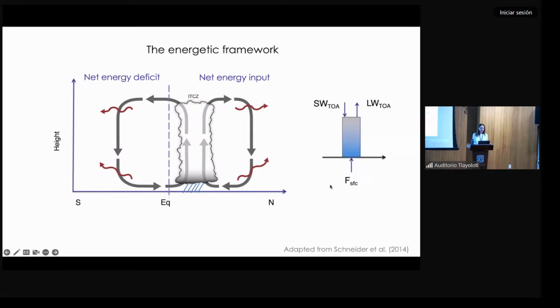And so any remote perturbation that happens even away from the tropics causes changes in transport of energy by large-scale eddies, because we haven't talked much about the extratropics here. In the tropics, it is the overturning circulation that does most of the transport of momentum, of moisture, of energy. Outside of the tropics, it's all about the extratropical eddies.